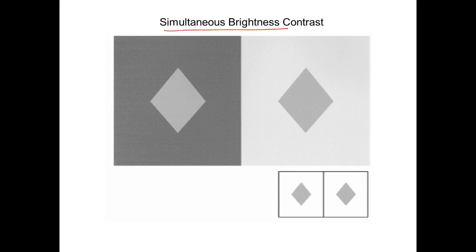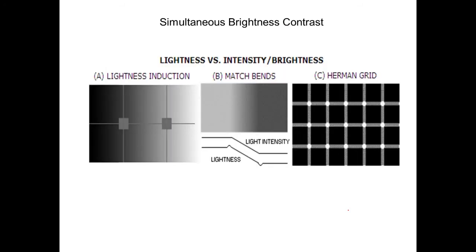In the bottom one, you can see that the same light patch is used and it looks the same in both the boxes. People have been wondering why. What is the mechanism for this apparent behavior? Many scientists have tried to reason it out. The same thing can be observed in many illusions.